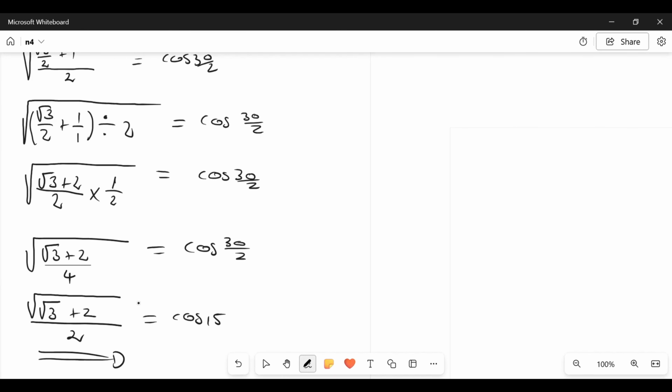Don't go further than this. If you go further than this, it's going to give you a decimal answer. So we rather leave it like this. Besides, it was out of 6 marks. Guys, this question here was not as difficult as it seemed. But if you didn't understand your special angles, you didn't understand your half angles, then this was going to be a bit challenging. But guys, this is how you do this.